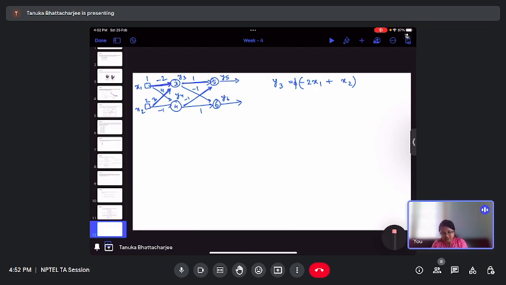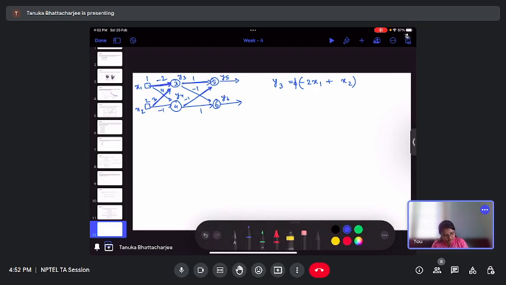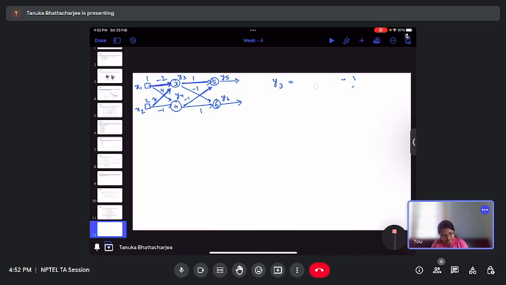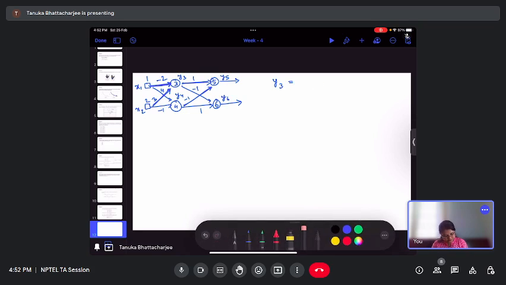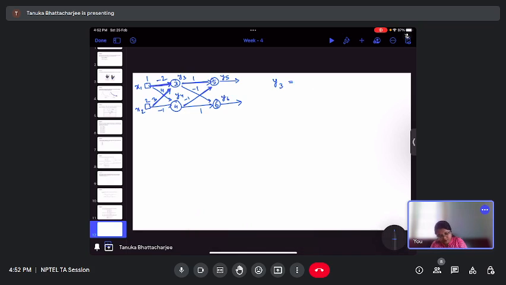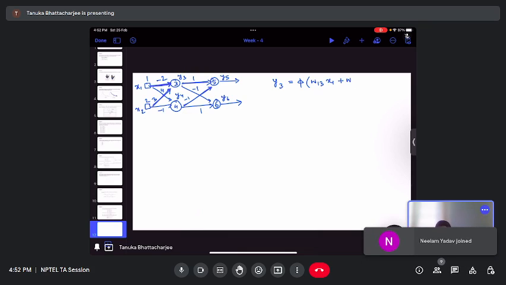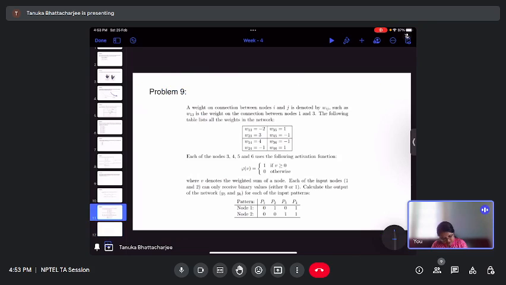So, we will consider W13x1 plus W23x2. Now, 1 3 is minus 2, 2 3 is 3.